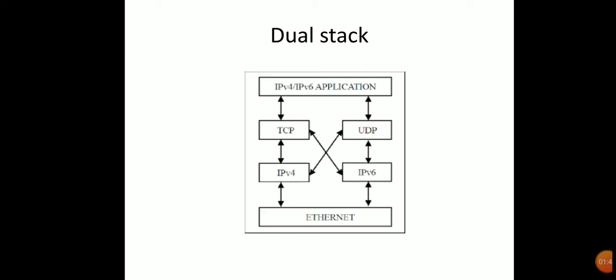In dual stack, the IPv4 and IPv6 applications are controlled over Ethernet or any other transmission control protocol or UDP protocol using the combined IPv4 and IPv6. This is the dual stack protocol methodology. So each individual source and destination point uses these control protocols for unicast, broadcast or multicast techniques, and the data is sent to the destination side with error detection and correction capability.